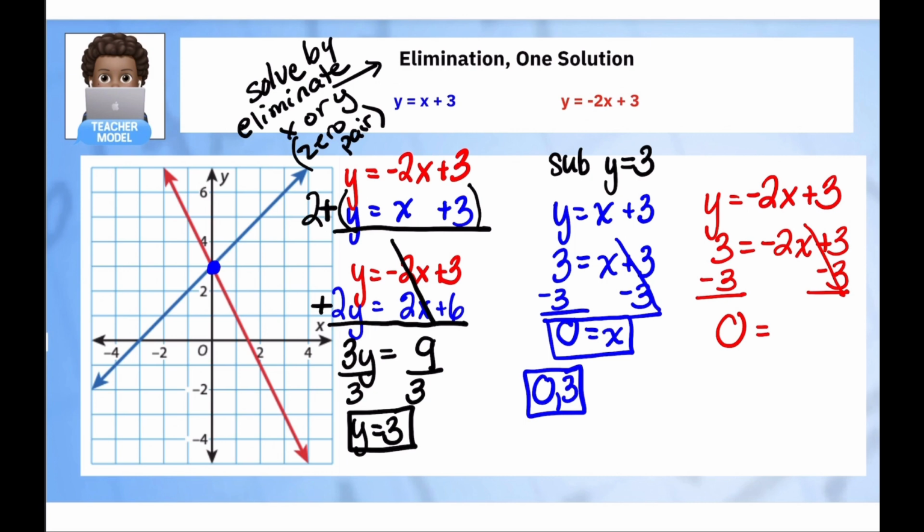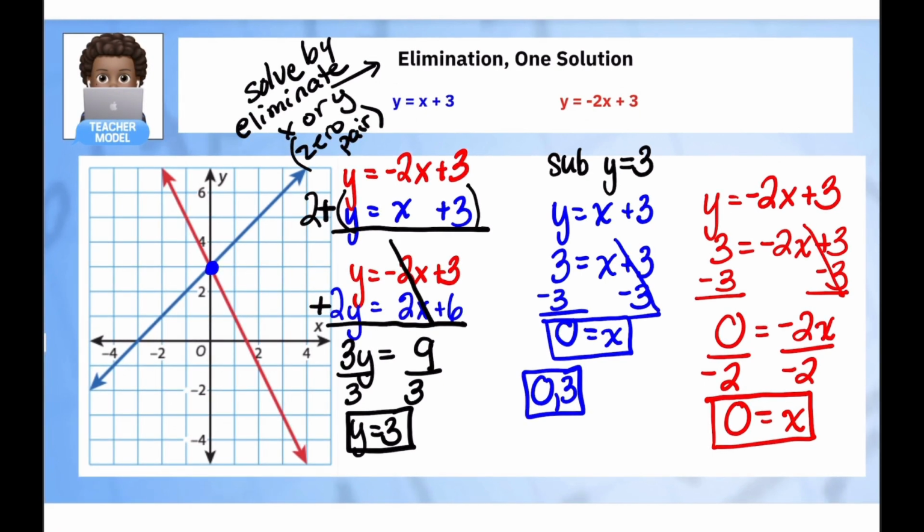Zero is equal to negative 2x. I can divide by negative 2, divide by negative 2. x is equal to 0. So I still get the exact same solution. Hit pause and jot this down into your notes.